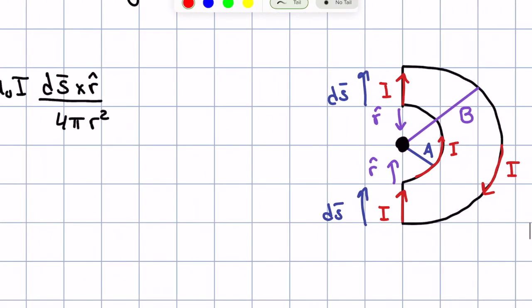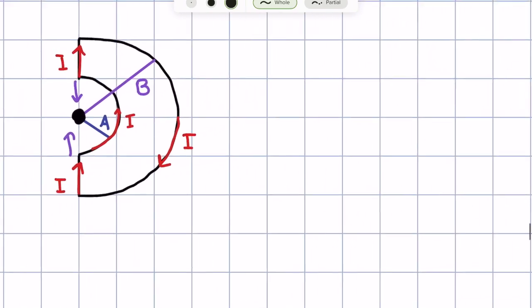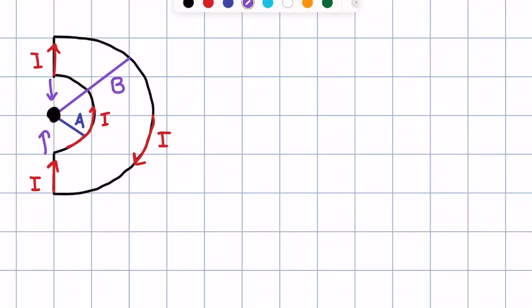We're going to now look at the semicircles. Let's start off by looking at that smaller semicircle with radius a. So it looks like this. And again, a is just the radius. ds is a step in the direction of our current. So here the current's going in this direction, and r hat goes from the current carrying wire to the point of interest like so.